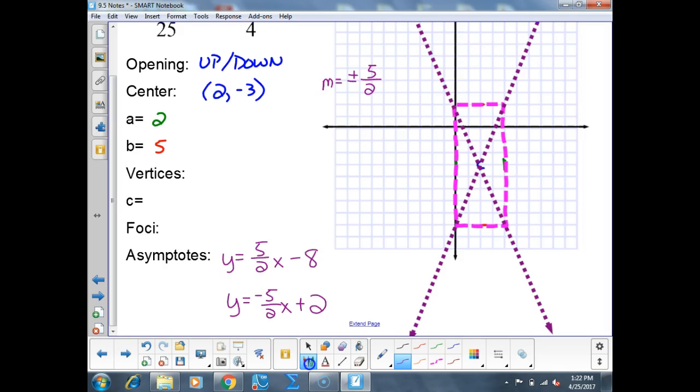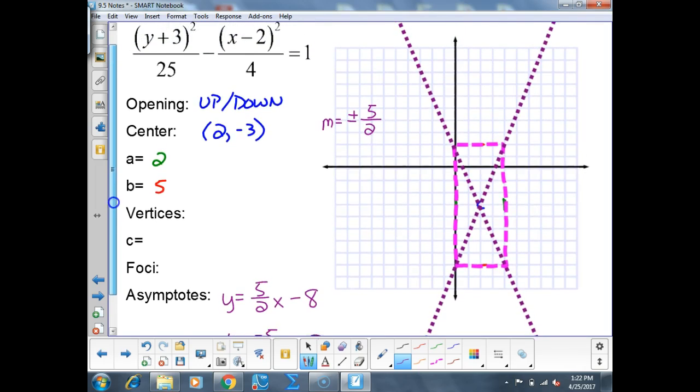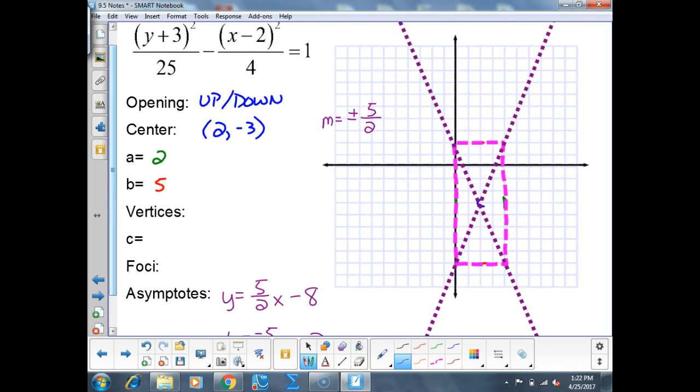Okay. Next step. Find the vertices. Because this is up and down, I'm going to look at the top and the bottom of my box. I'm going to go at the midpoint of the top and the midpoint of the bottom.